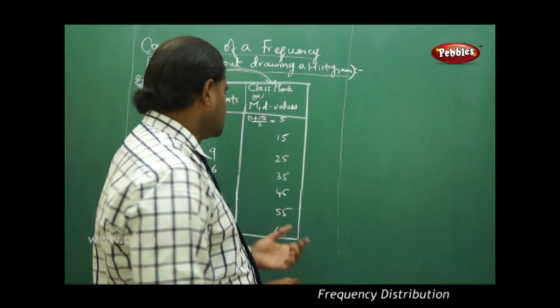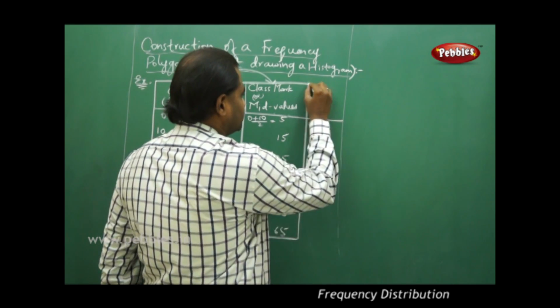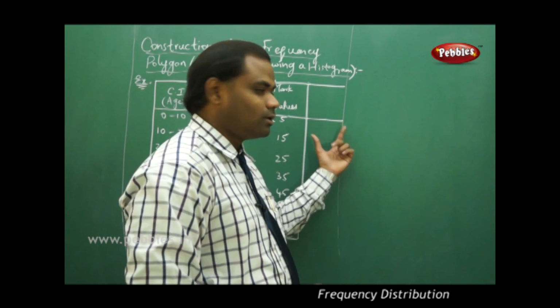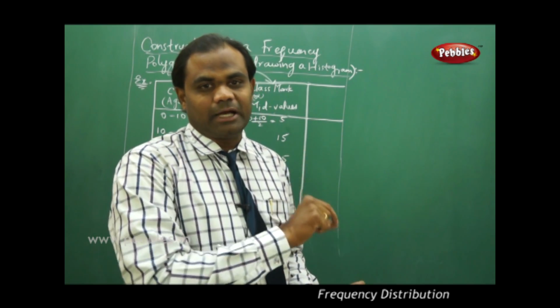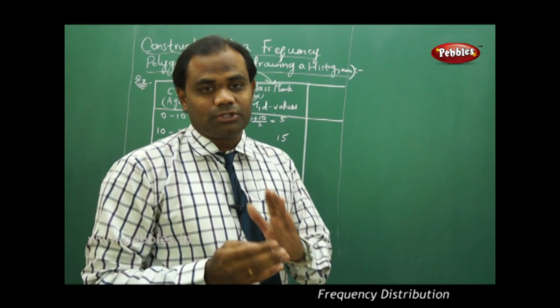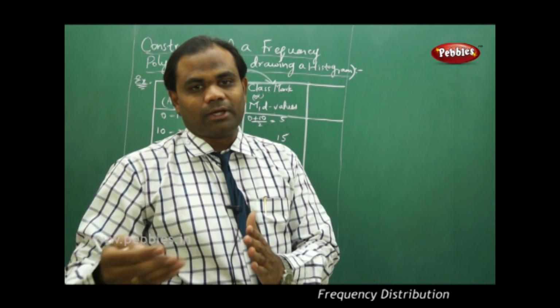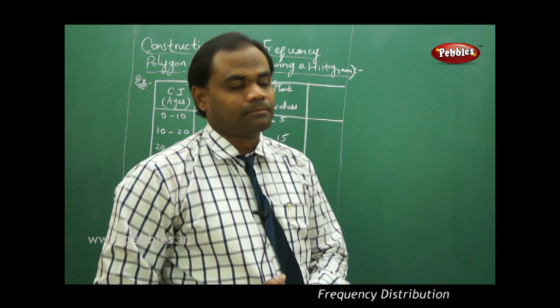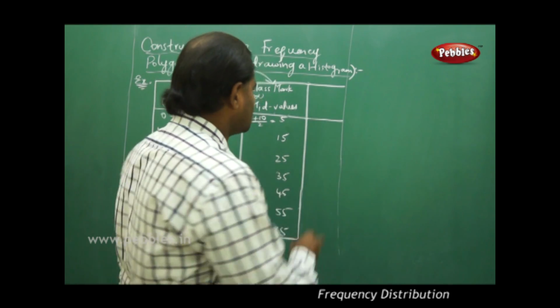Now we are going to form the points without the help of a histogram. It is at this column that we directly get the points which have to be joined using a ruler to form a perfect frequency polygon, or an n-sided closed figure. So let's see how the points are obtained.